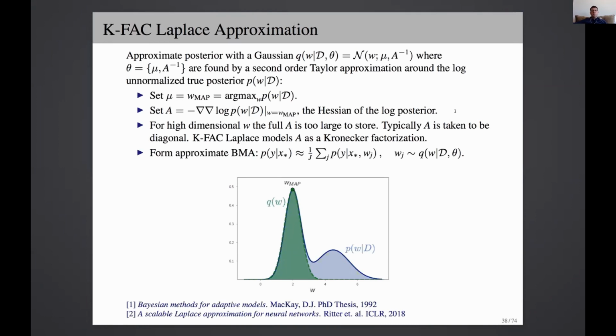And so typically, rather than use the full Hessian, one uses just a diagonal Hessian, or recently a Kronecker factorization of the Hessian, such that we represent that covariance matrix as a Kronecker product of much smaller matrices, which makes it more computationally tractable, but also more expressive than if we were to use a diagonal approximation. Once we have that Gaussian approximate posterior, we typically sample from it to form our approximate Bayesian model average.